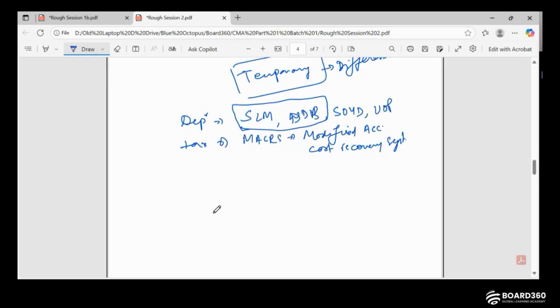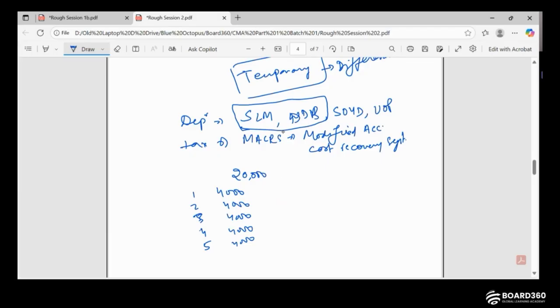Let's say you have bought an asset of $20,000, which has a useful life of 5 years. Okay. As per books, if you are using straight line method, simply you will be reporting 4,000 every year as depreciation. Correct.